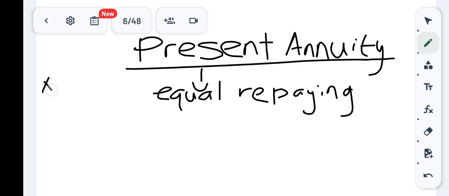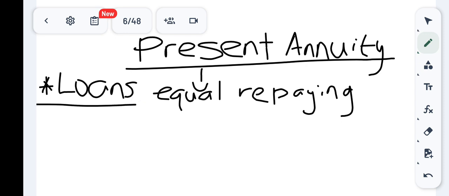But here we are talking about loans, mortgage, bond, mortgage loans, and all of that. So if you hear questions talking about loans, then that should be present annuity. Those keywords will help you identify which annuity you are dealing with. So here you are doing regular equal repayments.